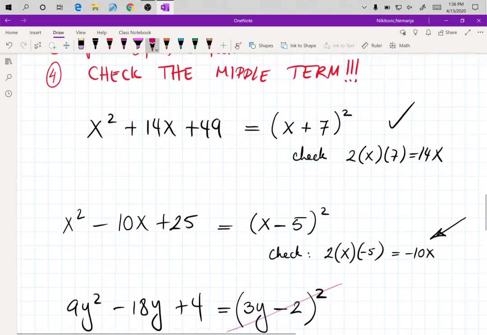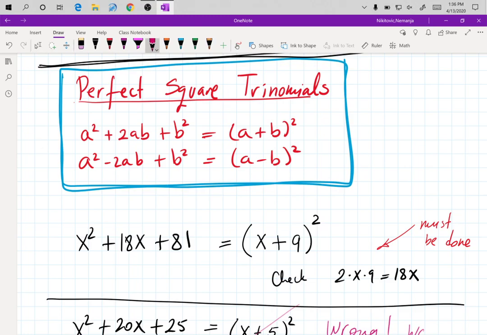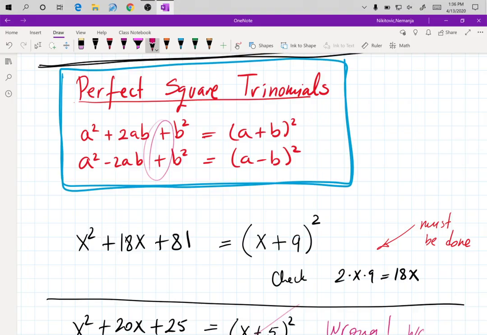This is a plus. Now, if we go and take a look at our formulas, what do we see? It's always plus b squared, right?